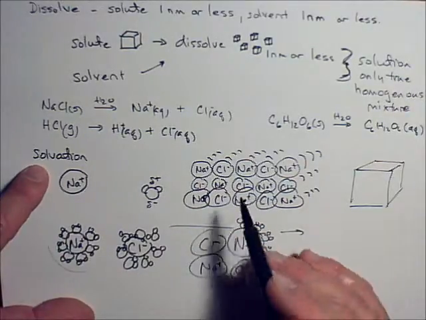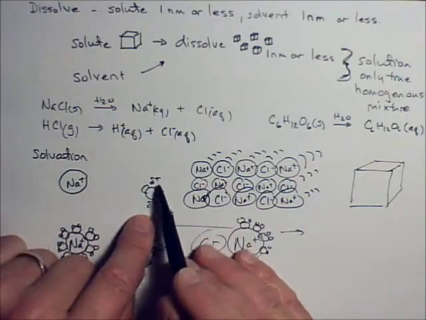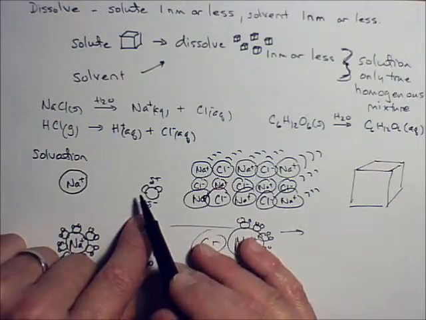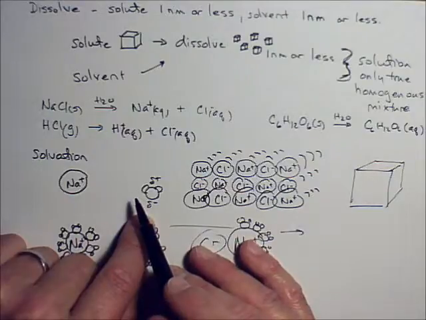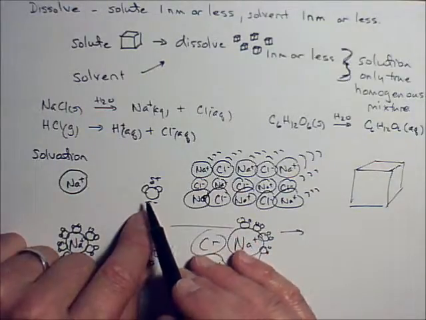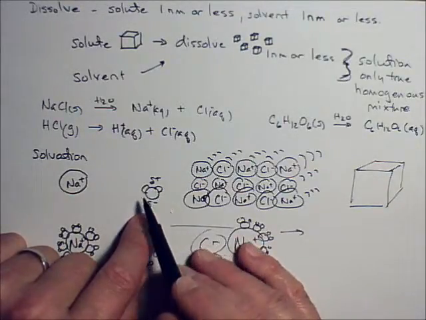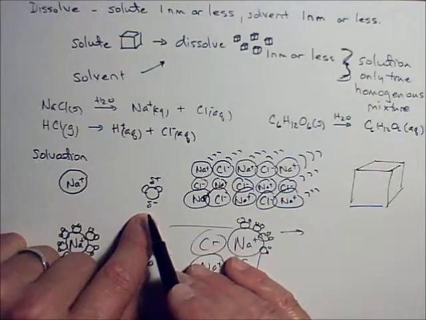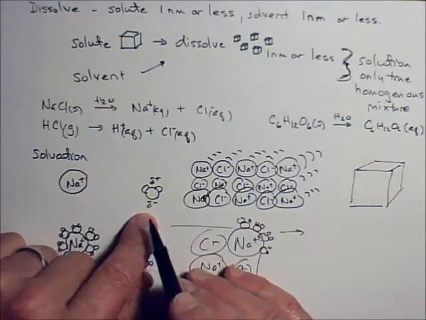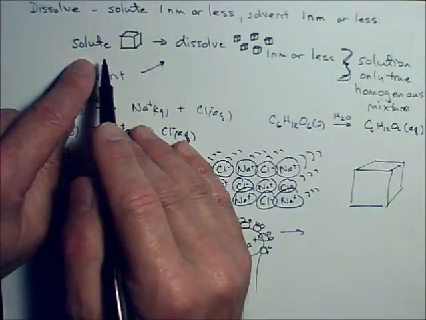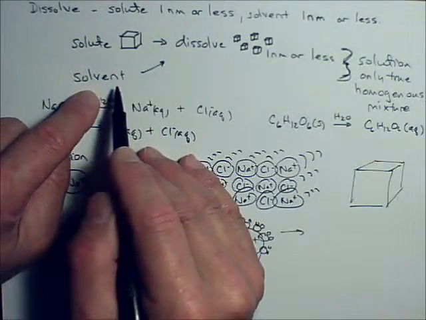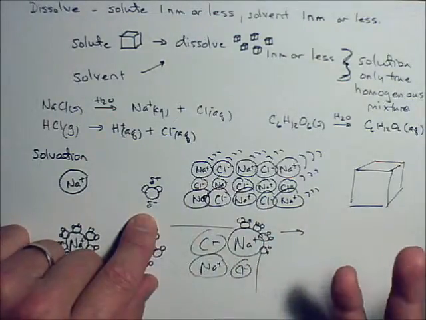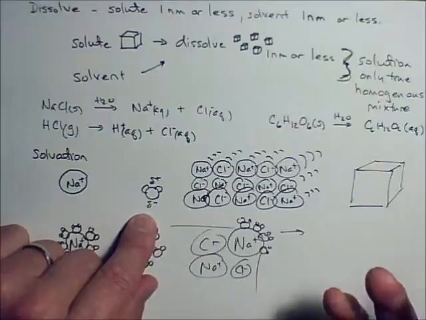This is the solvation process for certain kinds of things. This is the process that works when you have a polar solvent and an ionic or acidic solute. The solute, remember, is the thing that gets dissolved. The solvent is the thing that does the dissolving. So water's polar, and it's the thing we use most often for dissolving things, but it's not the only thing.